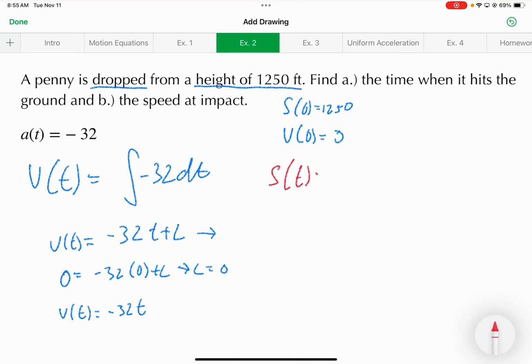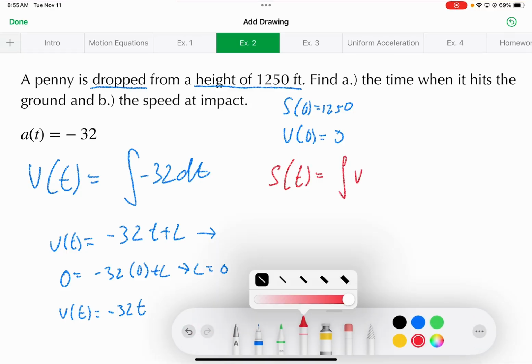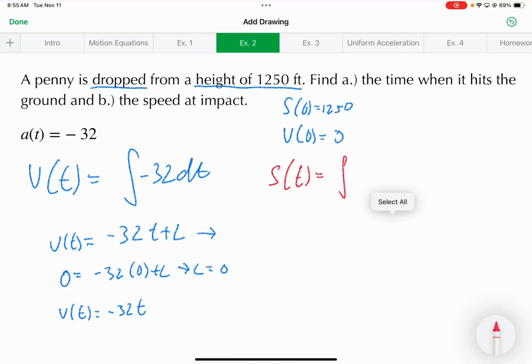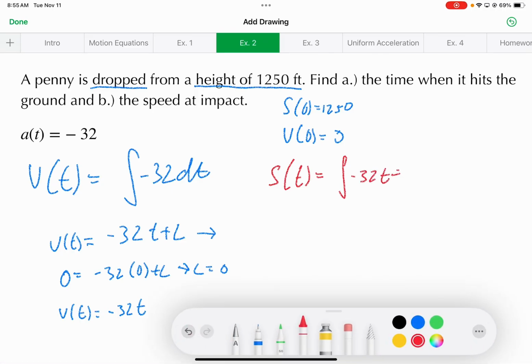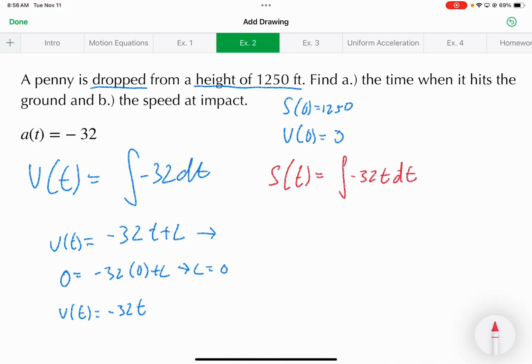So s of t is going to be the antiderivative of v of t, which is negative 32t dt. All right, so the antiderivative of negative 32t gives me negative 16t squared plus c.